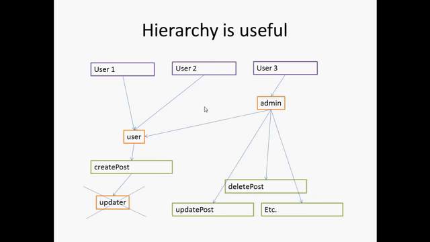So what we can also do in the system is we can have multiple levels, and so in the RBAC system in Yii and in other frameworks, you're allowed to create multiple levels of hierarchy. So in this instance, what we're saying is, rather than making admin have the create post permission directly, then the easiest thing to do would be to say, well, admin has its own permissions, and it also has all of the permissions that a user has.